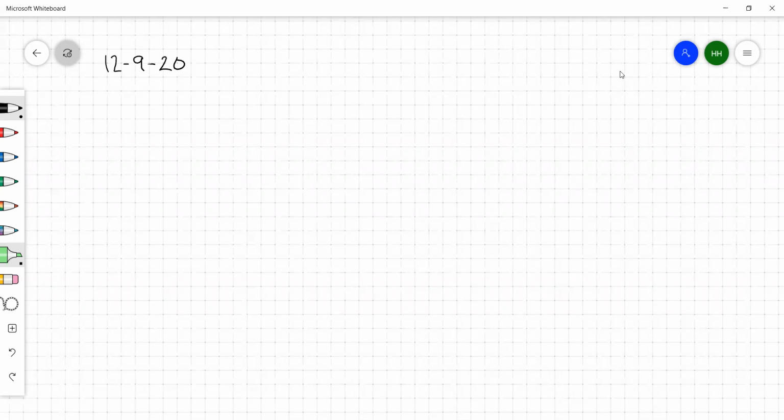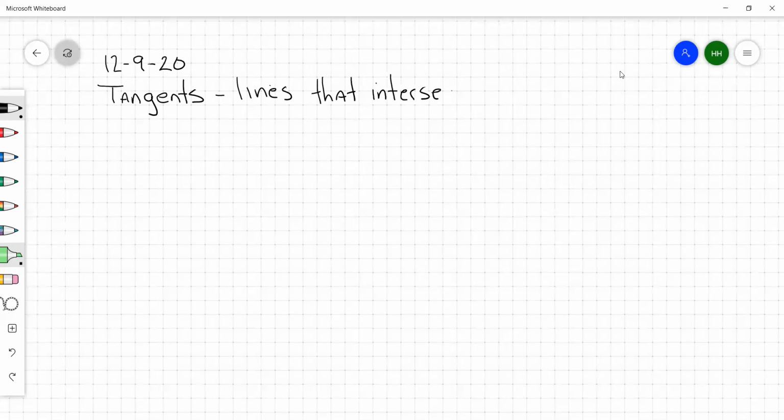All right, today we're going to be talking about and working with tangents. Tangents. These are lines that intersect a circle.